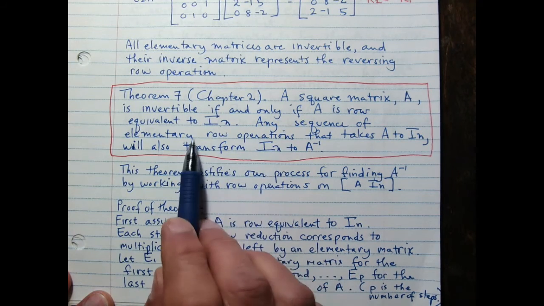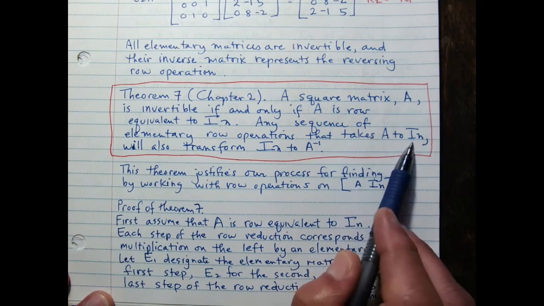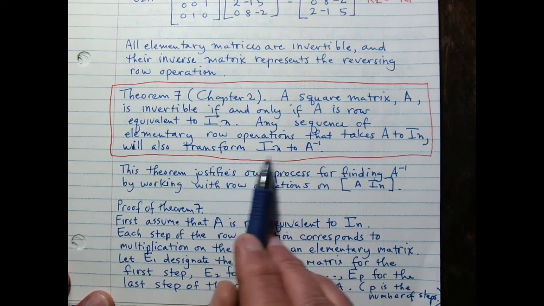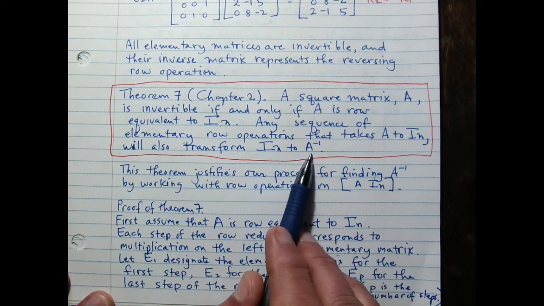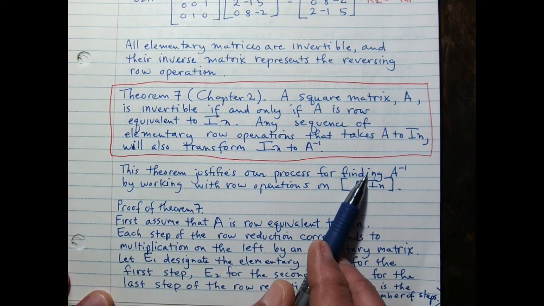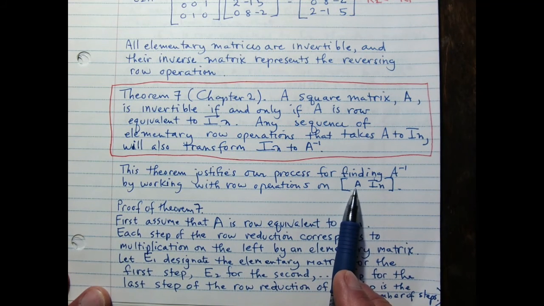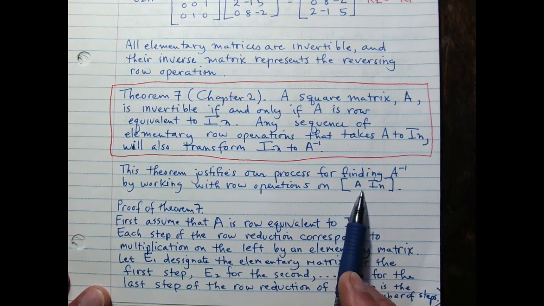Any sequence of elementary row operations that takes A to the identity matrix will also transform the identity matrix to A inverse. This theorem justifies our process for finding A inverse by working with row operations, just like we did in the 2 previous exercises.